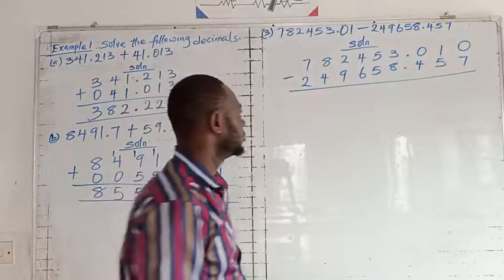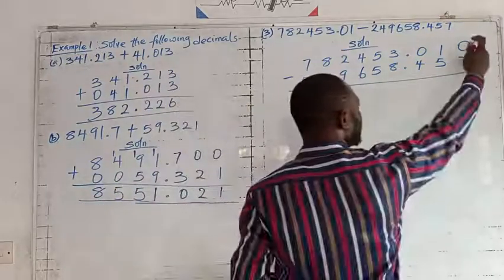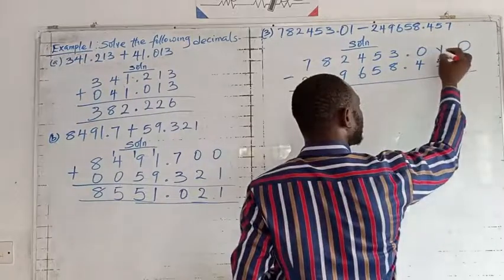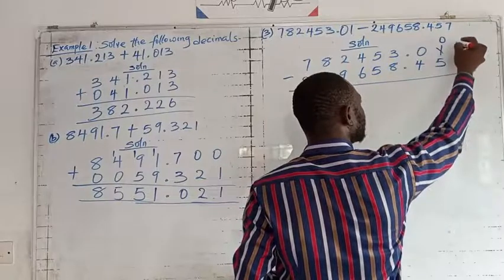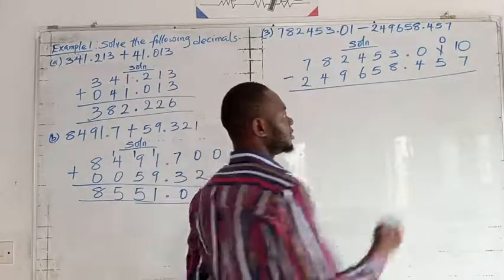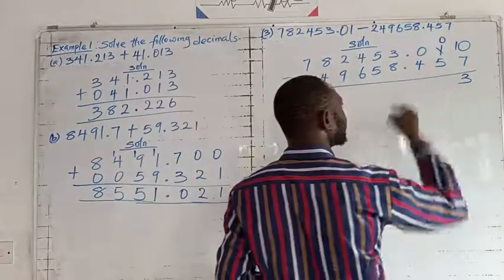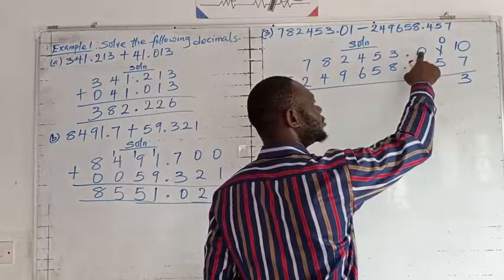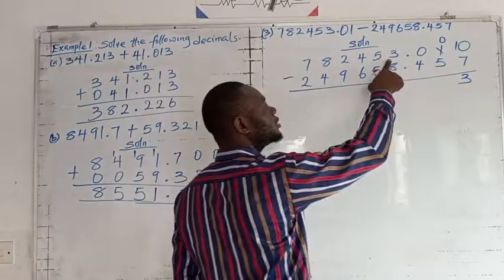Okay? Now let's subtract. 0 minus 7, can it go? It can't go. So you borrow 1 from here, 0 remains, put that 1 here, it becomes 10. 10 minus 7, 3. 0 minus 5, can it go? No. Can we borrow from this 0? No. Can we borrow from 3? Yes.